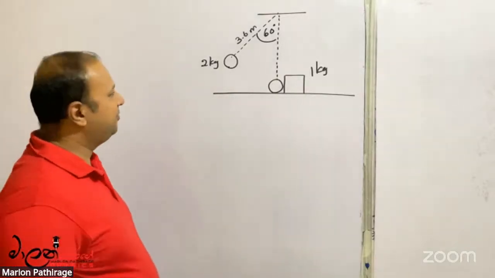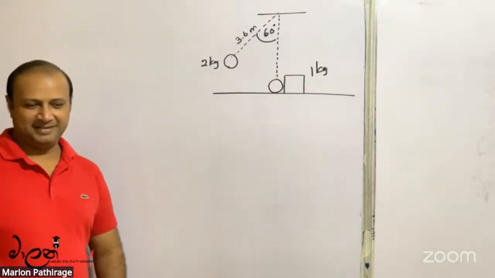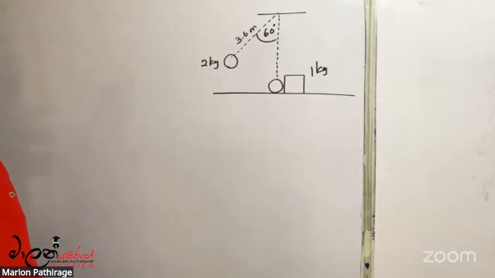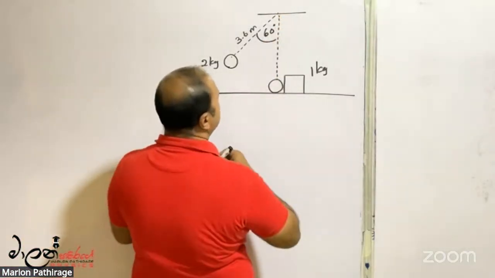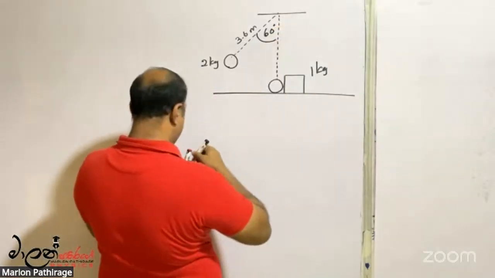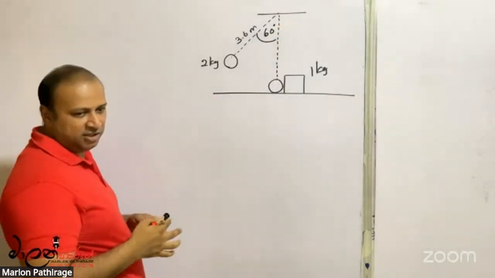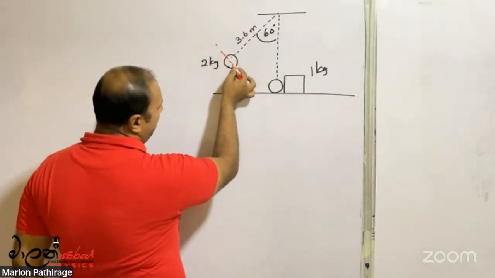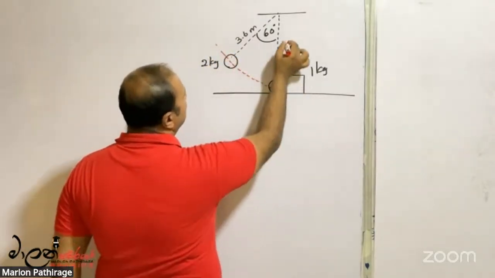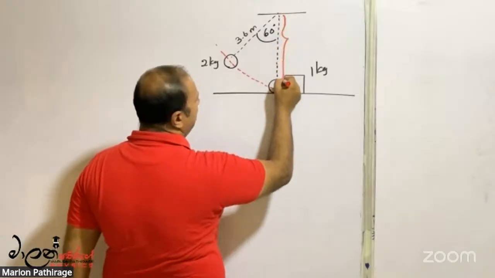So how to find the velocity? You know this length is 3.6. This string is 3.6, therefore this is some kind of circular path.